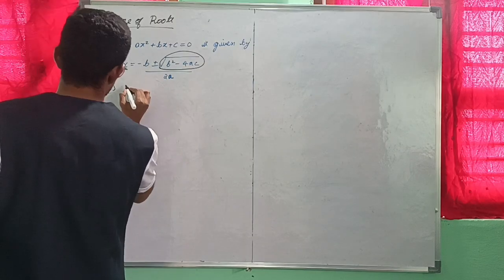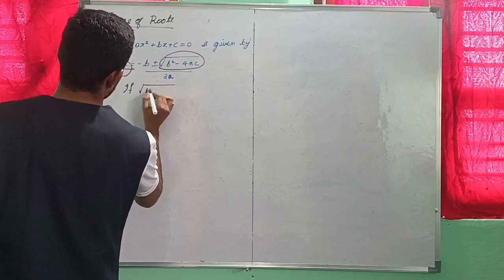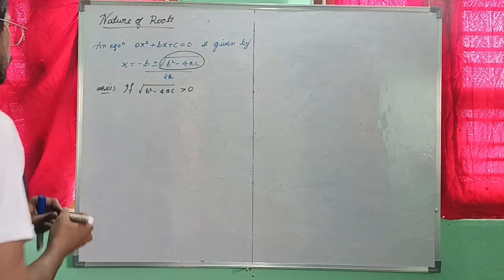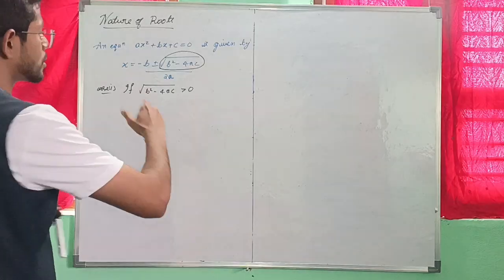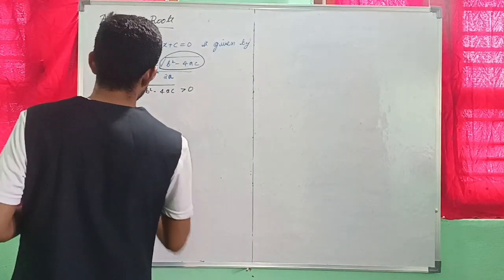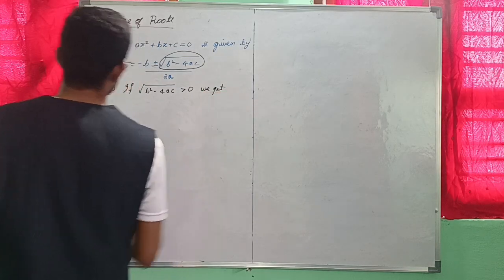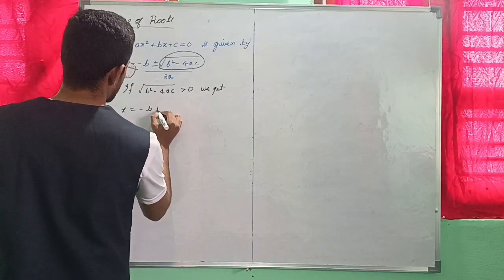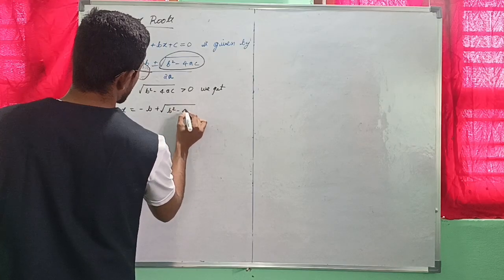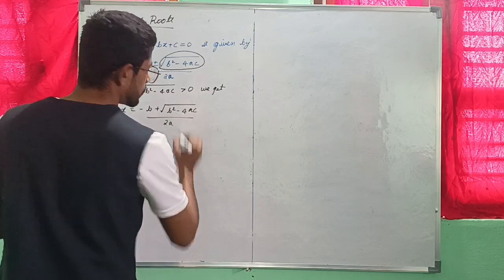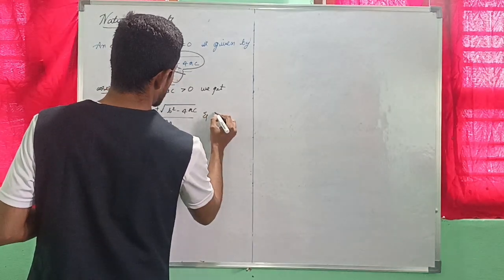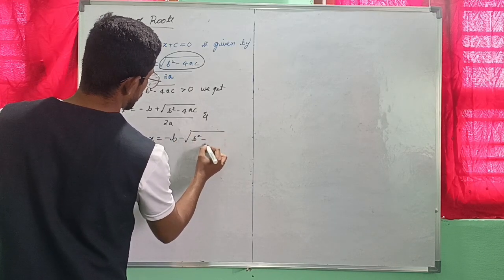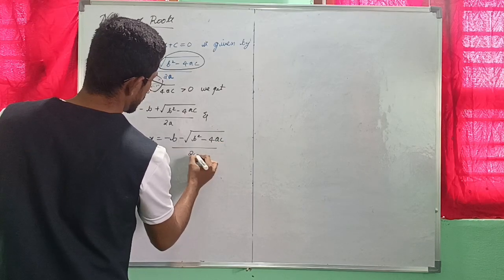Case one: if root of b square minus 4ac is greater than 0, we get x equals minus b plus root of b square minus 4ac divided by 2a, and another root, x equals minus b minus root of b square minus 4ac divided by 2a.